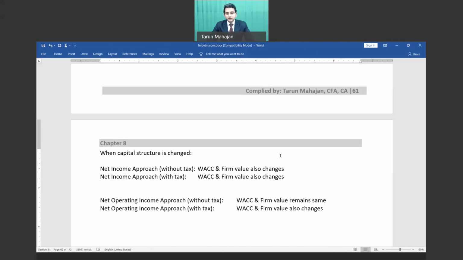Now observe this. This says it will change. This also says it will change. This says it will remain the same, the overall cost of capital and firm value. And this says it will change. So what you can observe over here is that if you introduce income tax in the net operating income approach, then its conclusions are in the same direction as the conclusions of the net income approach.